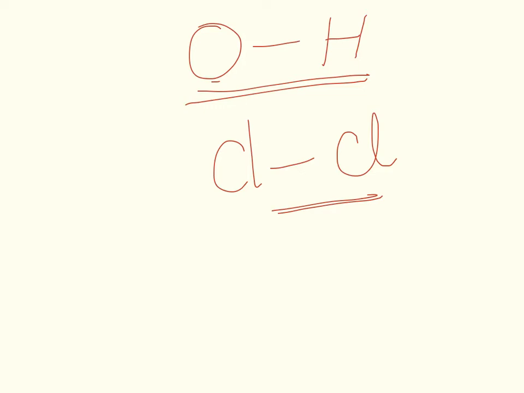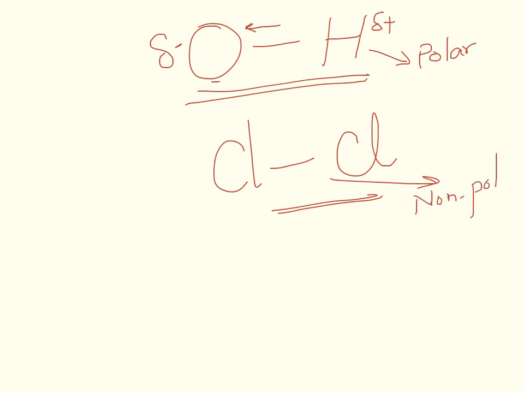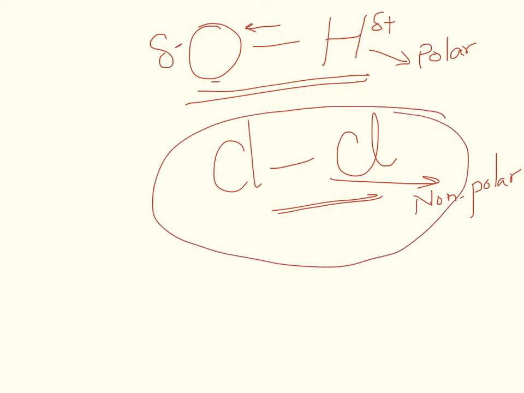There is no polarity in this. In the O-H bond, oxygen is highly electronegative, so it will attract these electrons towards itself, and hydrogen will get a delta positive. So this is a polar bond, and this one is a non-polar bond. There is no polarity in this. No separation of positive and negative charges in this bond, so this is a non-polar bond.